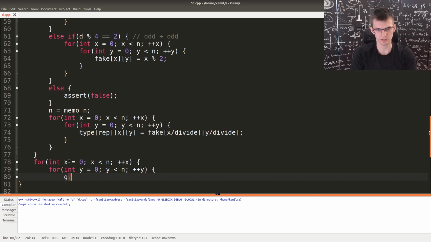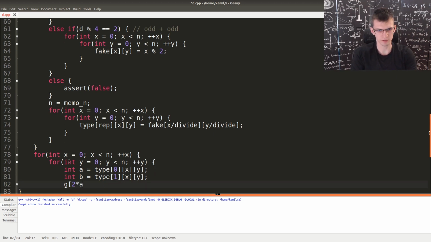Group of size. There is first bit is this. Second group of this, push back a pair xy.